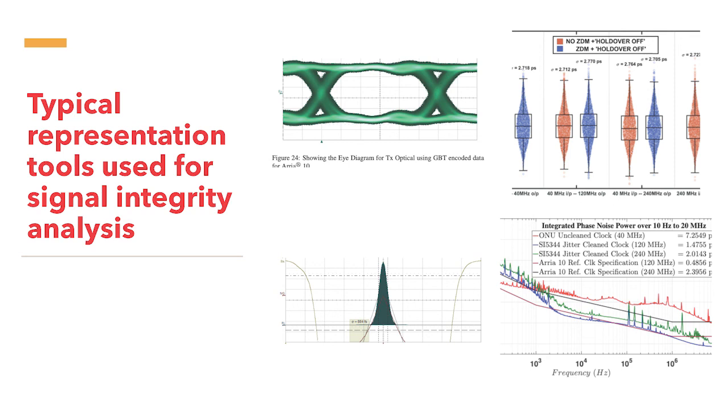Typical representation tools used for signal integrity analysis. Now, when you develop this type of architecture like asynchronous serial link architecture, there is a dedicated branch in electronics called signal integrity analysis. And in this slide, I just want to give you a glimpse of some of the representation tools that are used.